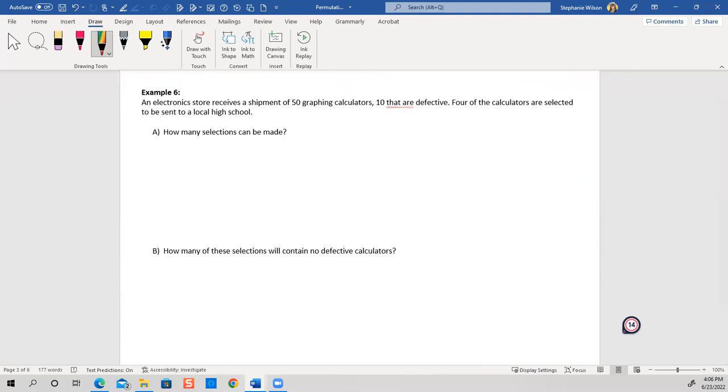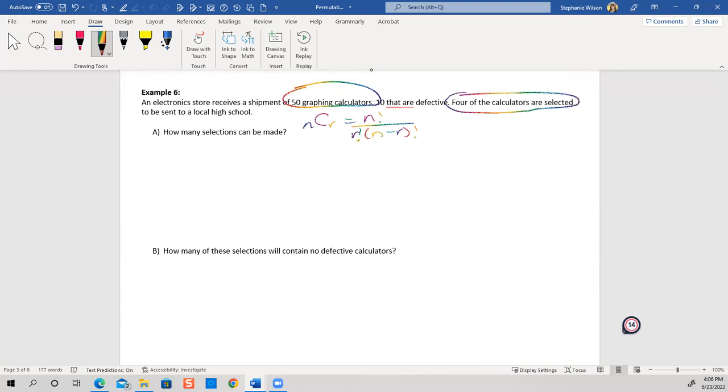So here we go. We're talking about a combination going on here. So I know that I want to use this formula. Oops, don't forget our factorial. All right, so let's talk about it. It says that we have 50 calculators that's been shipped. And then 4 of the calculators is what's been selected.